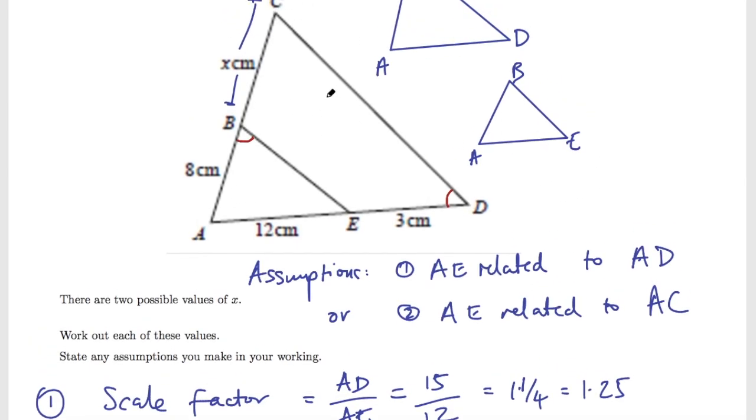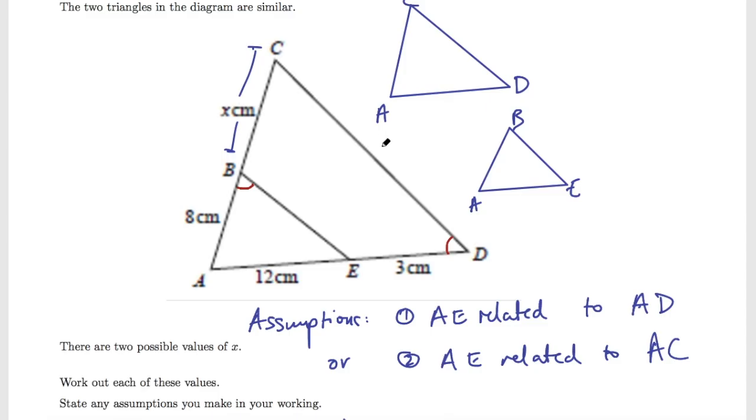Okay, so hopefully we're all on the same page right now. So we've got two similar triangles and we're not sure the orientation that they're in. So we're saying this smaller side here, AE, could be related to AD, or it could be related to AC.